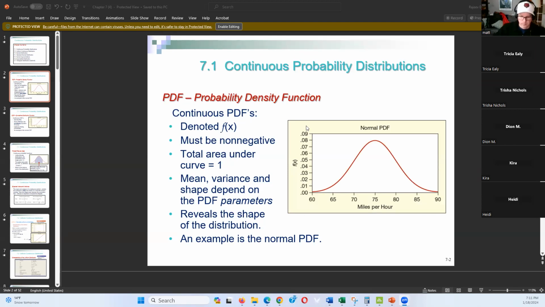Area, like in the previous chapter you studied, the sum of probability of all the events is 1.